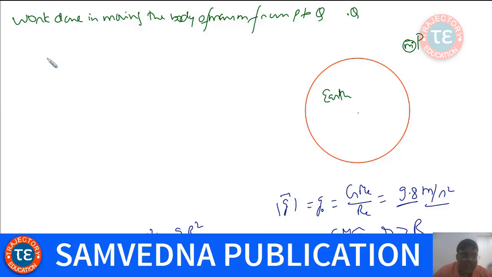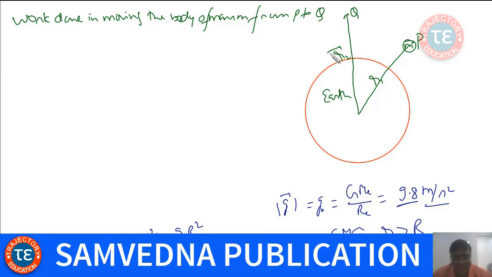Work done by external agency, of course. See, work done by external agency will be how much? Suppose point P is, say, at R1. Of course, quasi-statically.